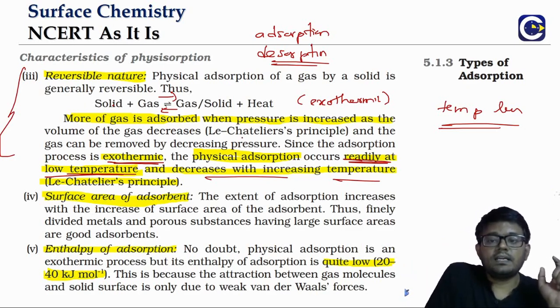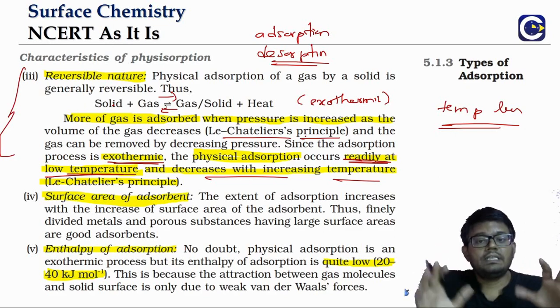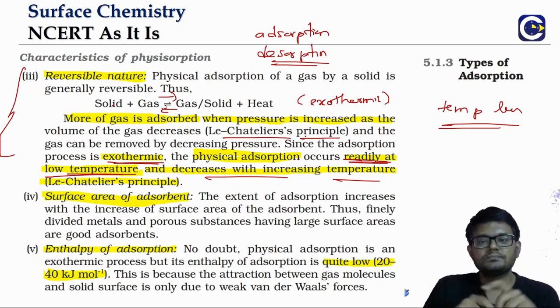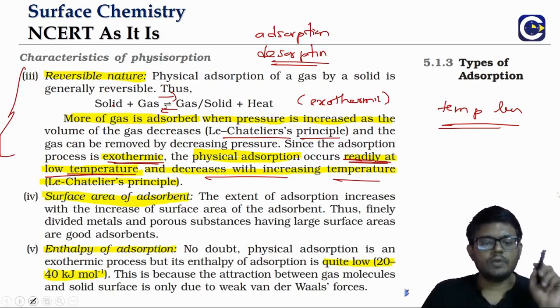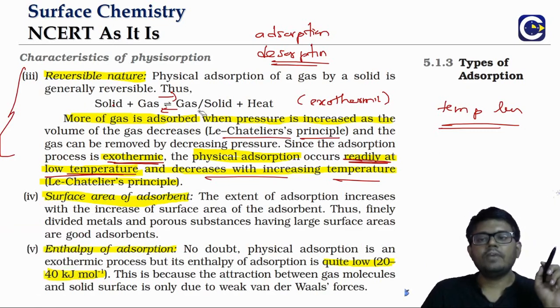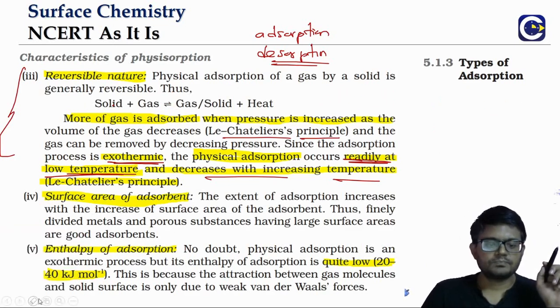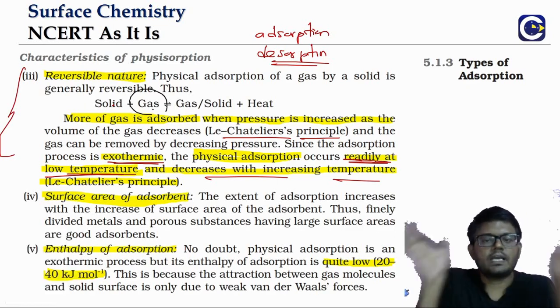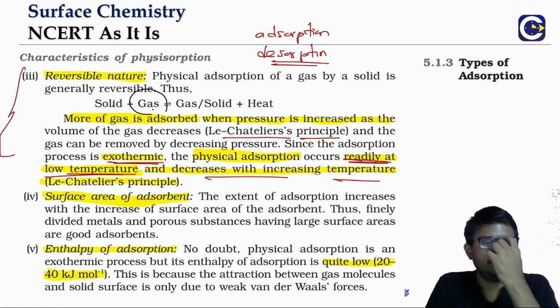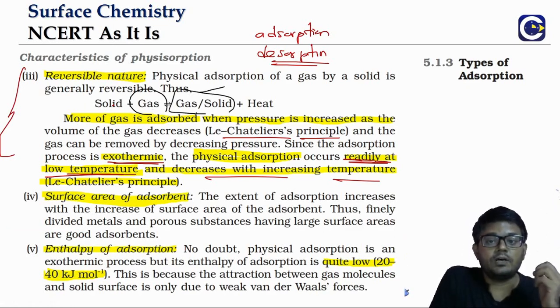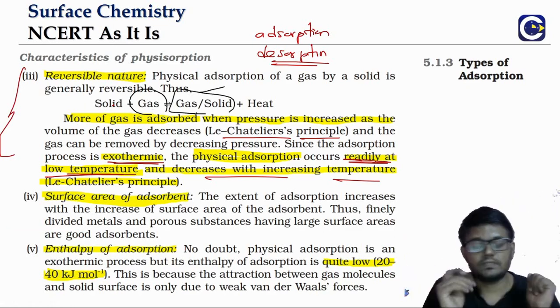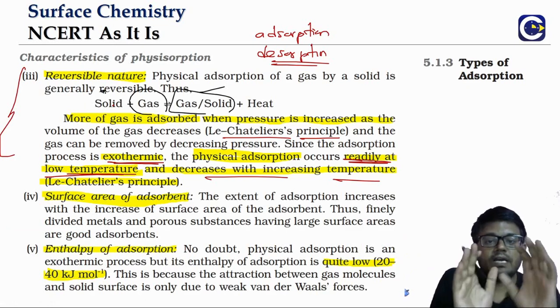And based on the Le-Chatelier principle, we can also talk about the effect of pressure. If you look at it like a reaction, the gas particles are on the left side. On the right side we don't have any gas particles. Why? Because the gas is already settled on the surface of the solid.